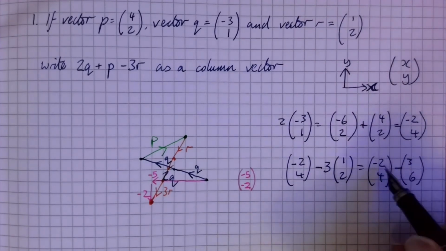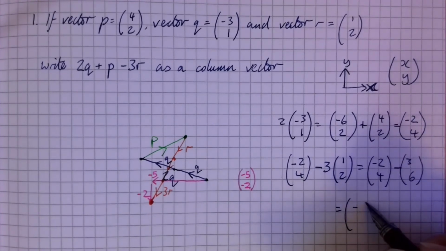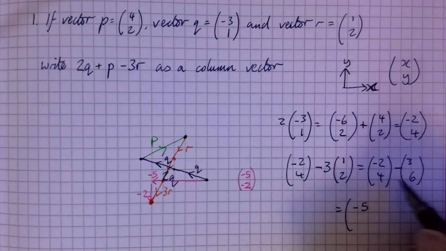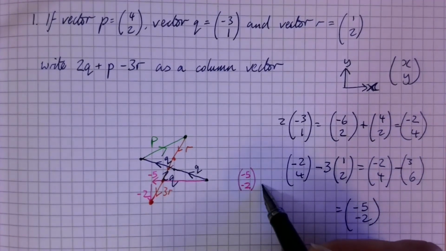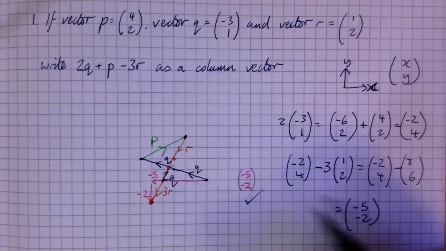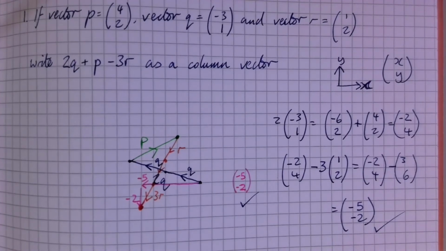So now if I take 3 from negative 2, that's going to become more negative, isn't it? That is minus 5. And if I take 6 from 4, that's negative 2. And they are the same, so we can be happy with that. Okay, a bit more for you to practice on now coming up.